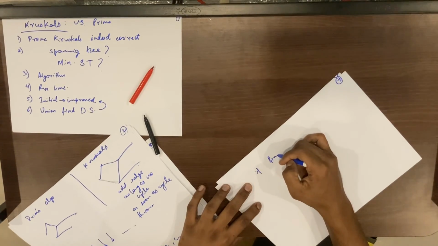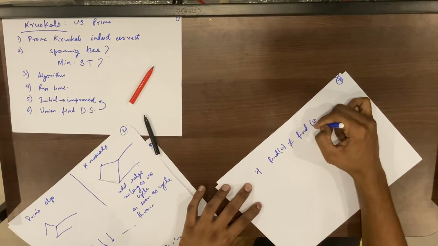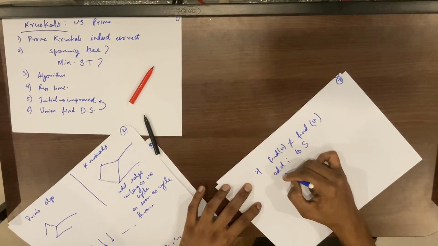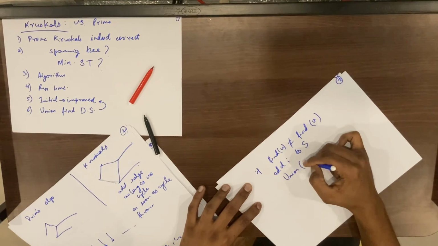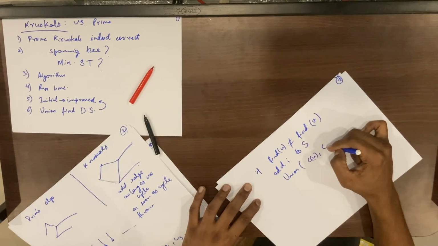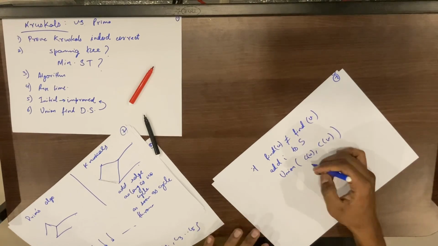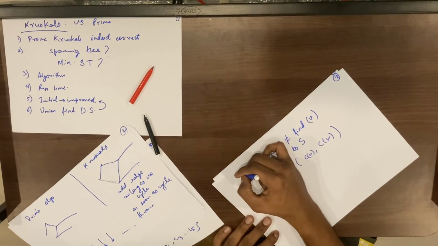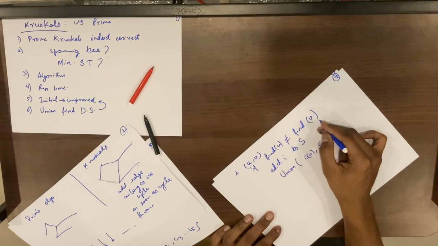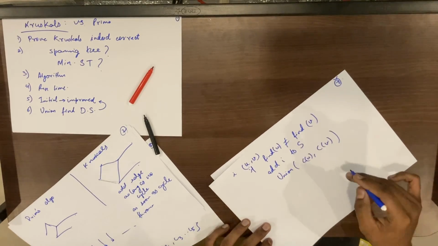If find u is not equal to find v, add i to S and then union of C of U and C of V, which is basically find U and find V. So for every edge i, find its two endpoints U and V. If find U and find V are not equal, that means adding this edge i to S will not create any cycle because they are in different partitions.